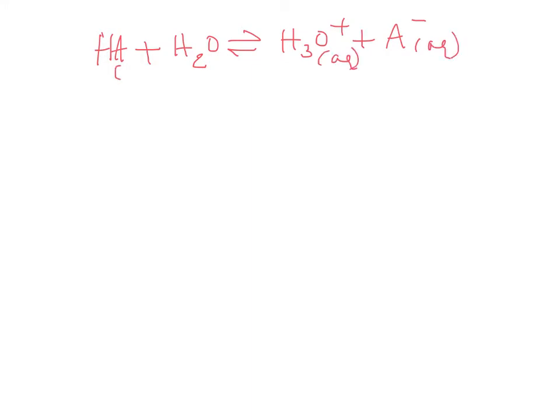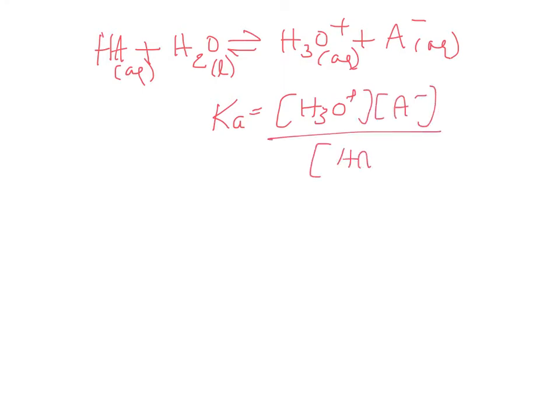So for any reaction like HA plus water giving you hydronium and A minus, and this A could be acetate, it could be fluoride, any weak acid, I'm just keeping it generic for now. You can write down the acid dissociation constant as hydronium times A minus divided by HA. We of course do not include the water because it's a liquid.